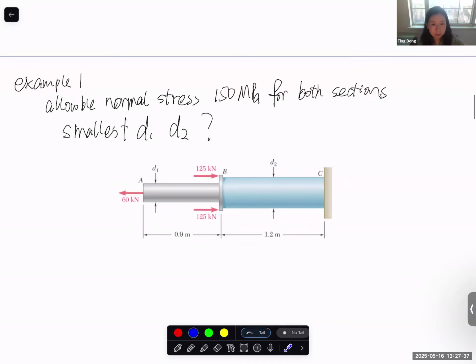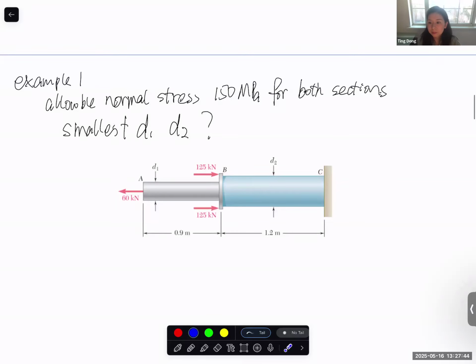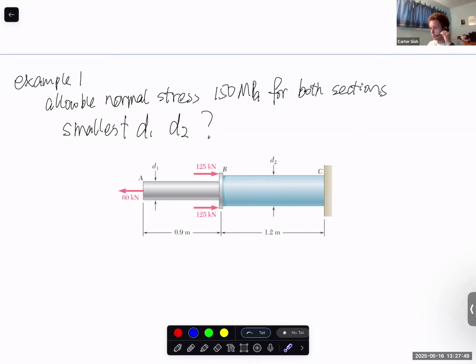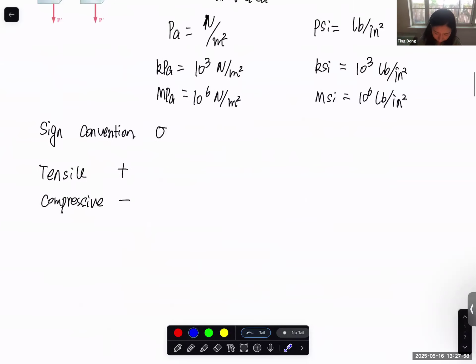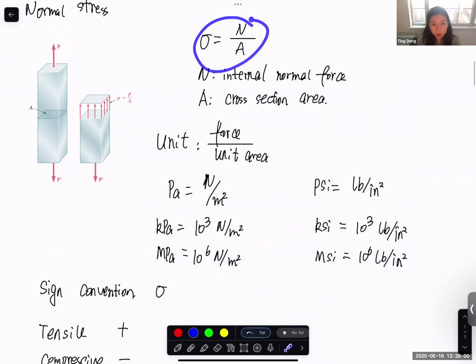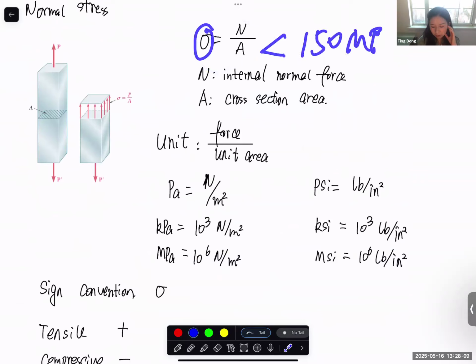Anyone? Could you put the area in terms of diameter and then rearrange the equation with the forces? Yes, yes. So basically, in the big picture, since we already gave this equation, we need to make sure that the maximum stress in each section is lower than allowable stress, right?